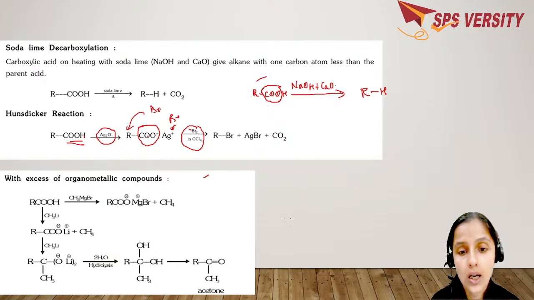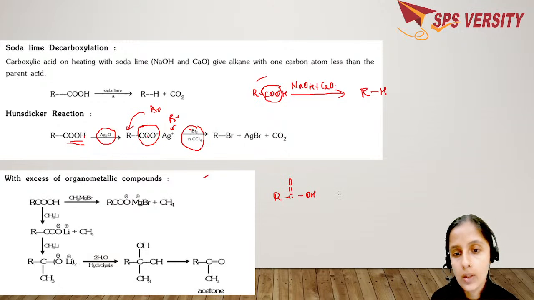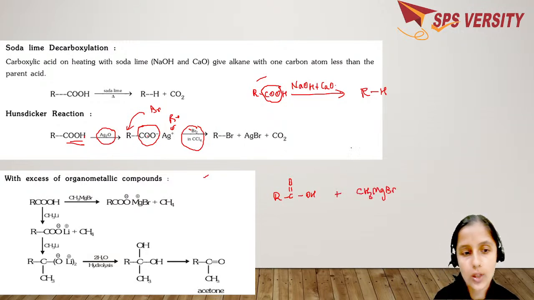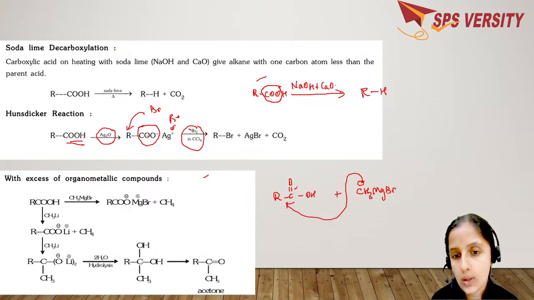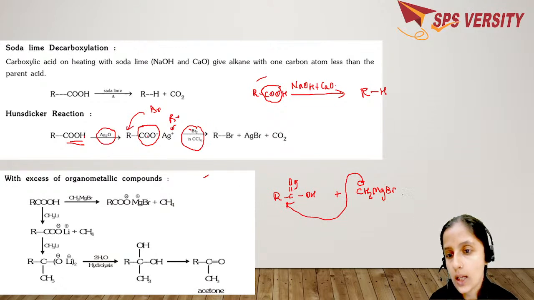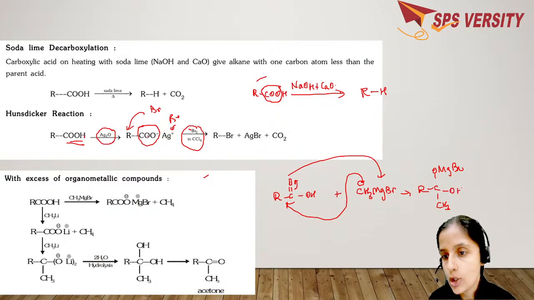So if you treat RC double bond OH with CH3MgBr, what is the reaction you are expecting? This CH3, which is negative, goes and attacks here, so the movement of this one takes place. You get RCCH3 and this takes MgBr, O MgBr plus OH.